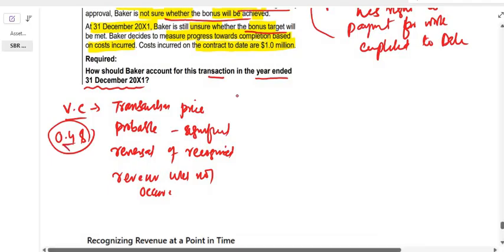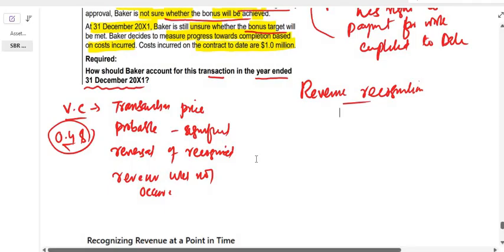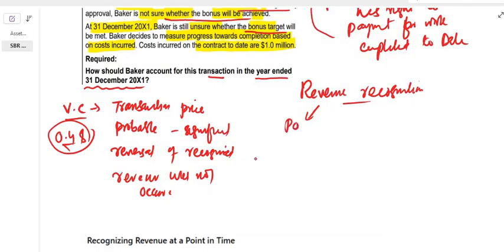Now revenue recognition. If you see here, this performance obligation is satisfied over time, and I have discussed the reason why it's satisfied over time.